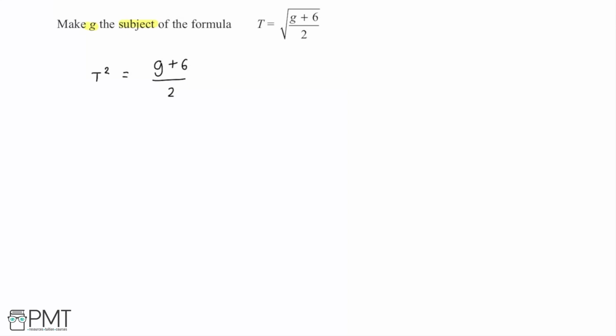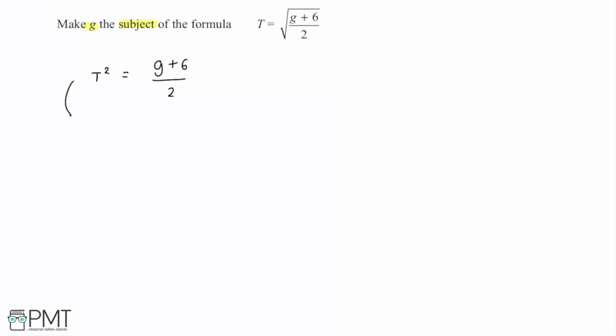And this looks a lot friendlier, a lot easier to manipulate when I'm trying to isolate G. Now what I'm noticing is that we have this fraction, with a denominator on the side that has the G. In order to get rid of this, if I were to multiply both sides by 2, I'm going to have an expression on the right-hand side which just has a single G term on its own, which is a lot easier to isolate.